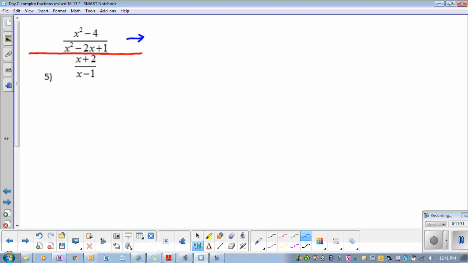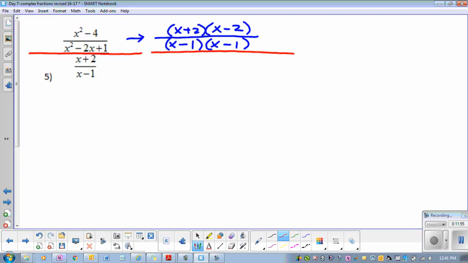So this is really going to turn into, and we've done a lot of factoring, x plus 2, x minus 2, over x minus 1 times x minus 1, all over x plus 2 over x minus 1.